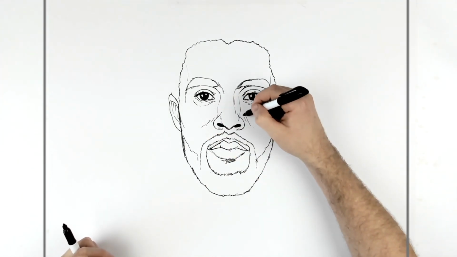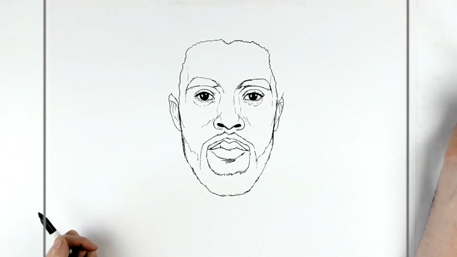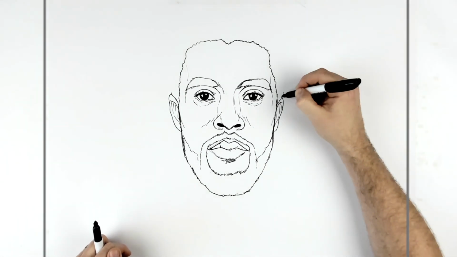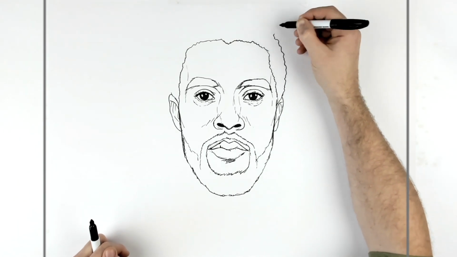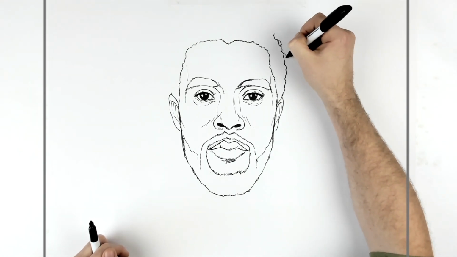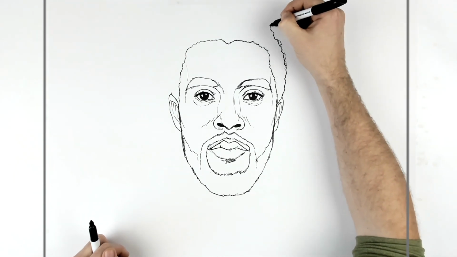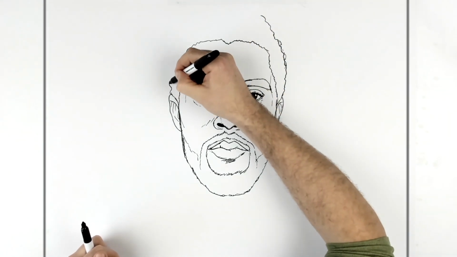Maybe his cheeks. Right, and then this goes up. Curly hair, right? They kind of have these black sections coming off, like bits of single strands of hair.